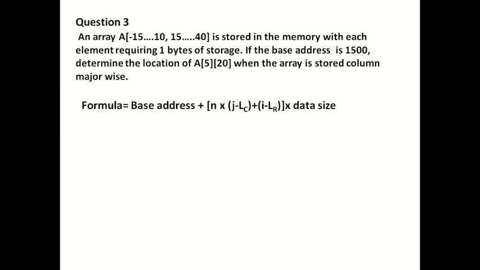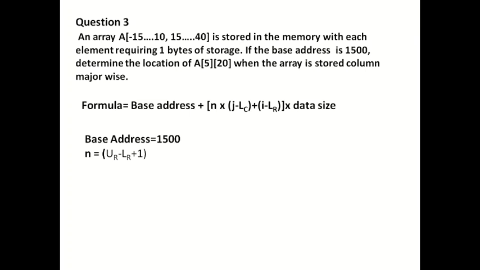Now again from the question, it is clear that the base address is 1500. Then see how we can count the number of elements in each row. Here the range of the location is given as -15...10. So the lower limit of the row is -15 and the upper limit of the row is 10.